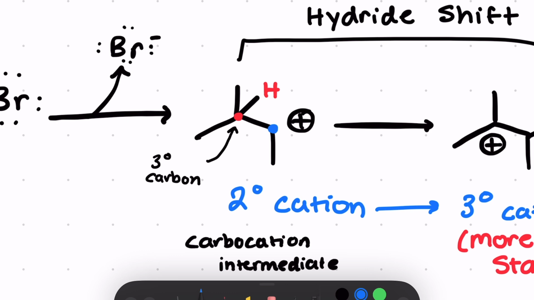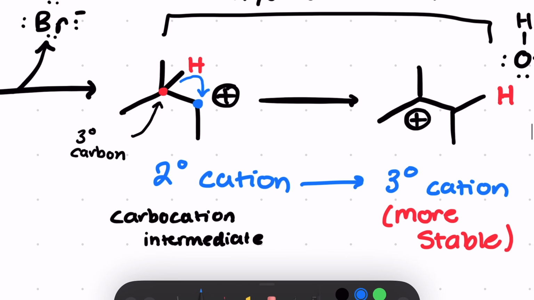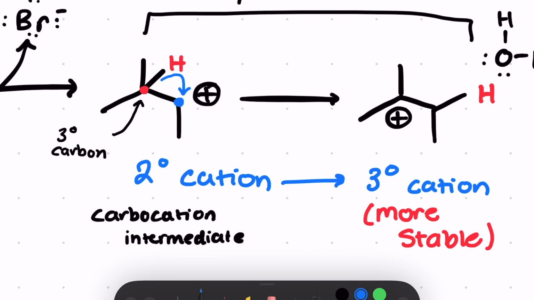what I will observe is that if I have an available hydrogen, like I do right here, that hydrogen and the lone pairs of that carbon-hydrogen bond are going to literally shift over. So I'm just going to pick it up and move it. Okay? That hydride is a hydrogen with a lone pair and a negative charge.